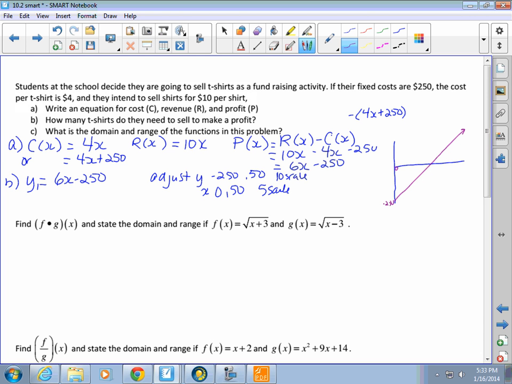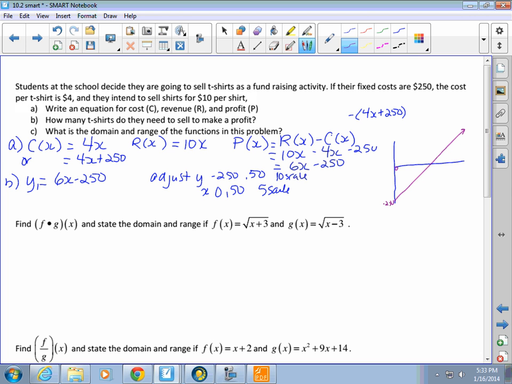So if you go on your calculators and do second, calculate, and do either the zero or the intercept will work, but let's do the zero because that's what we're calculating. It'll ask you for your left bound, so move it close to that line. Hit enter. Right bound. Move it above the line. Hit enter. Guess.